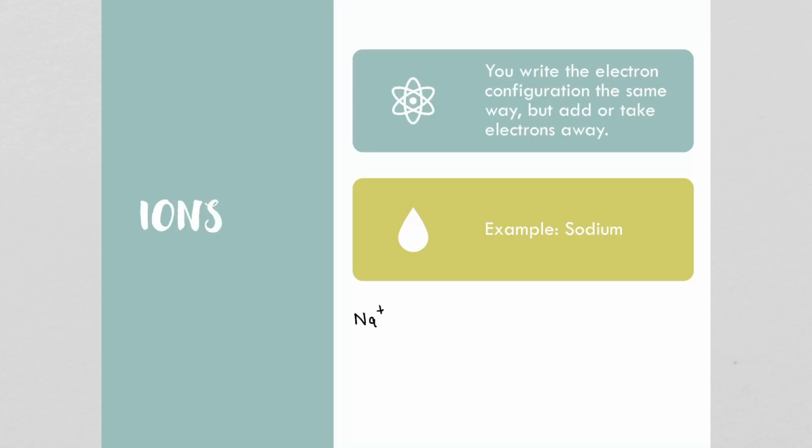So because it's lost an electron, now it's the same as neon, it's going to be 1s2, 2s2, and then 2p6. So it's got the same configuration as neon because it's an ion. It's lost an electron to become like neon.